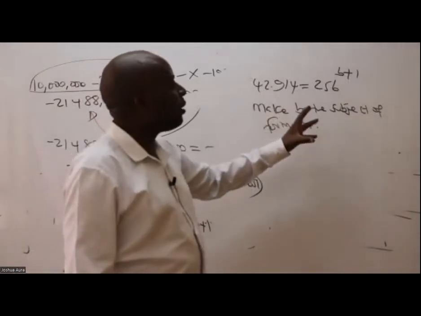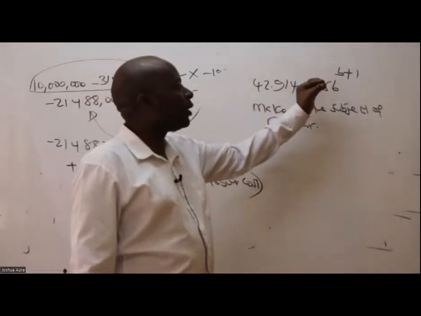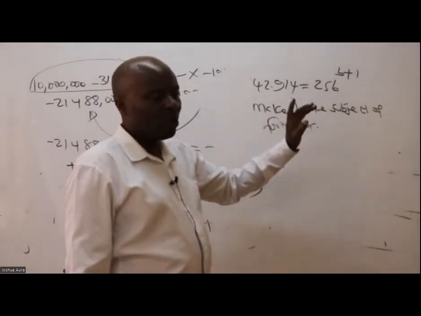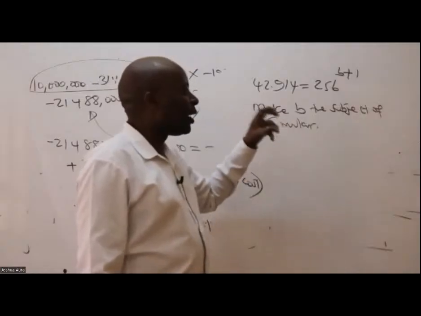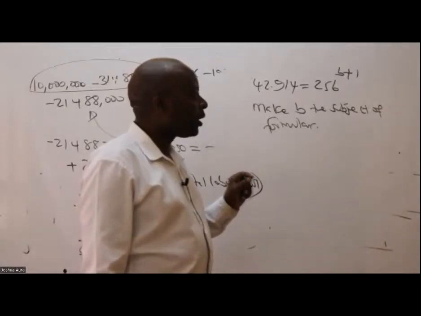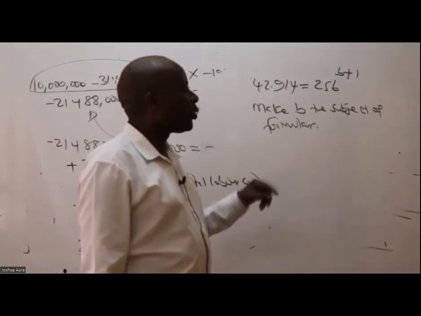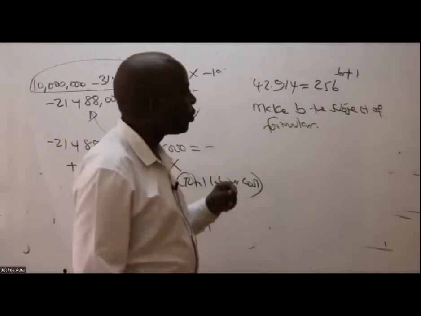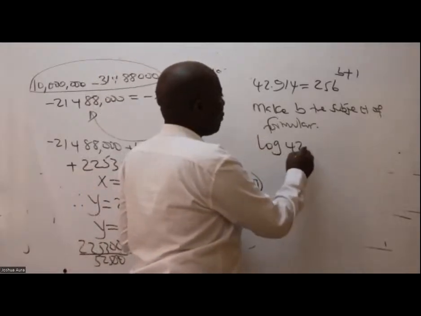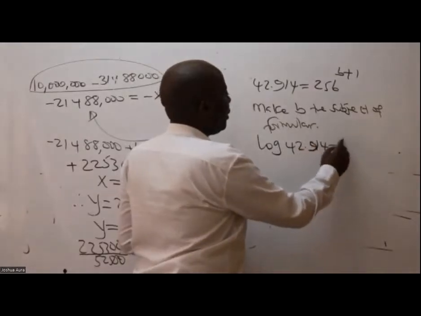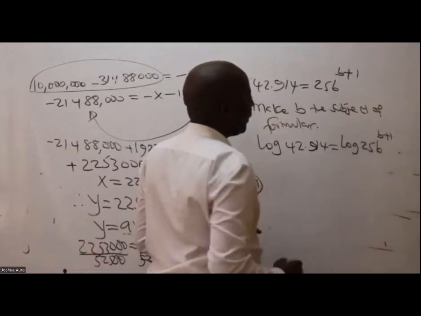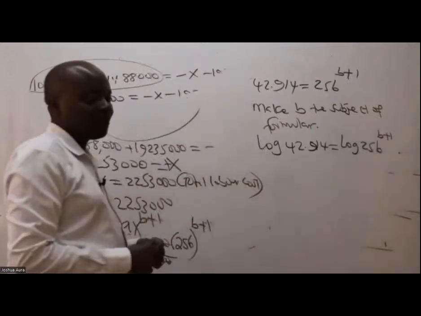When the subject of the formula is part of the power, the only way out is to introduce logarithms. So introduce a logarithm of 42.914 equals logarithm of 256 raised to b plus 1, like that.